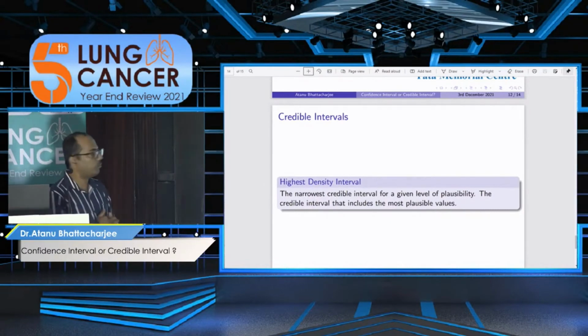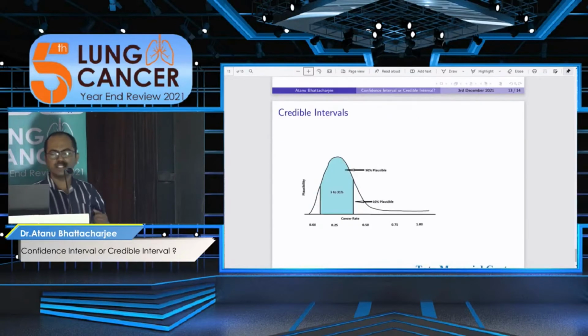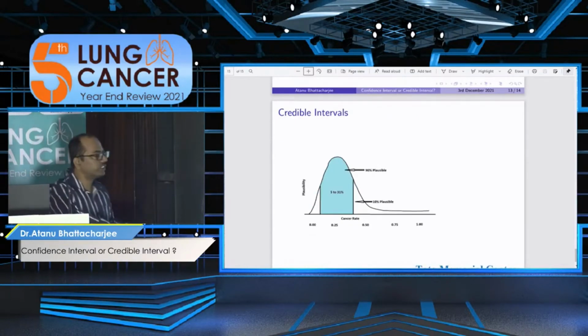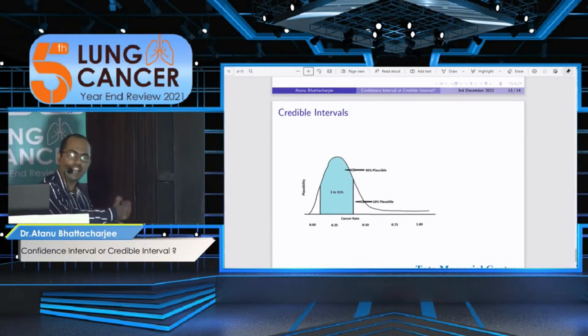So these are the more or less things with credible intervals, and obviously we can consider this 5 to 31% as a credible interval with the highest posterior density interval, and the rest, 10%, we can leave as not possible, not going to happen.